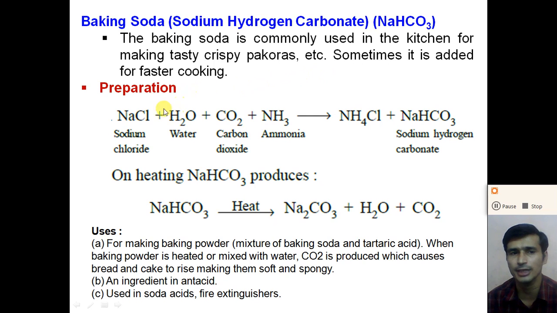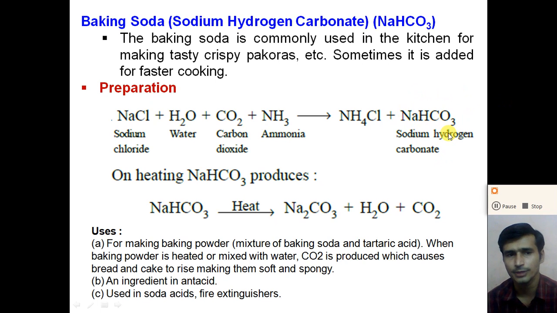So how do we prepare baking soda? Baking soda is prepared when an aqueous solution of sodium chloride, NaCl plus H2O, reacts with carbon dioxide and ammonia. We get ammonium chloride, NH4Cl, and NaHCO3, sodium hydrogen carbonate. This sodium hydrogen carbonate is called baking soda.